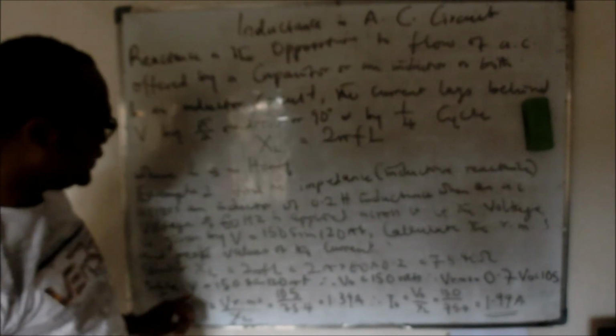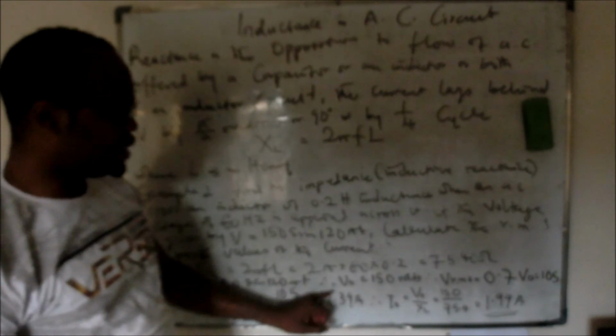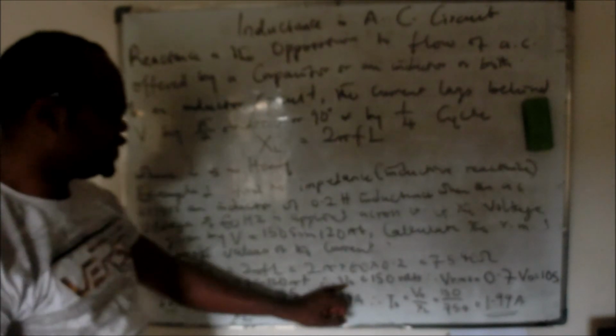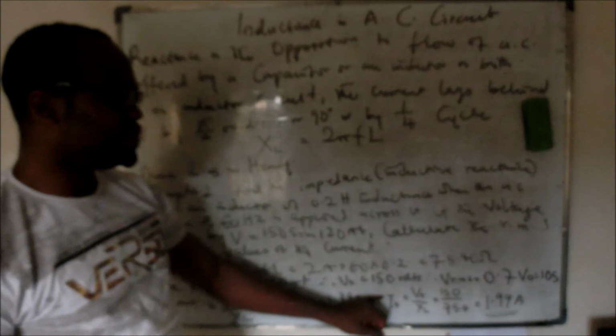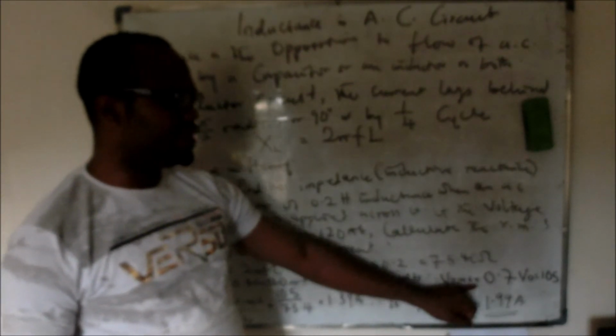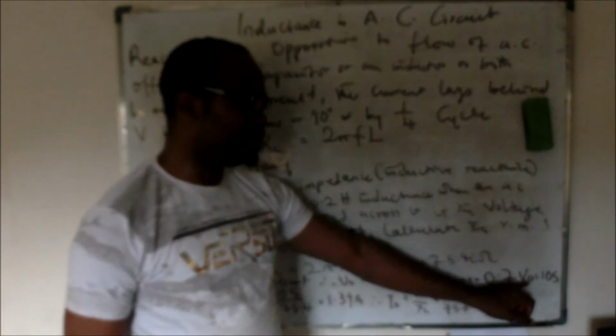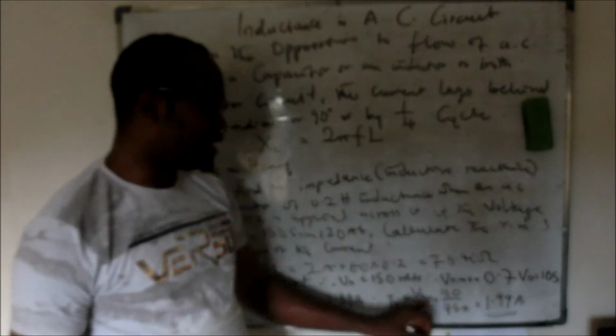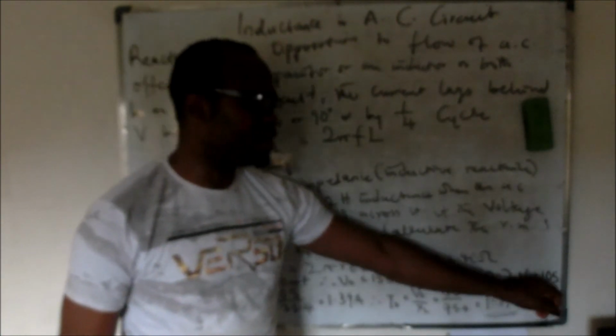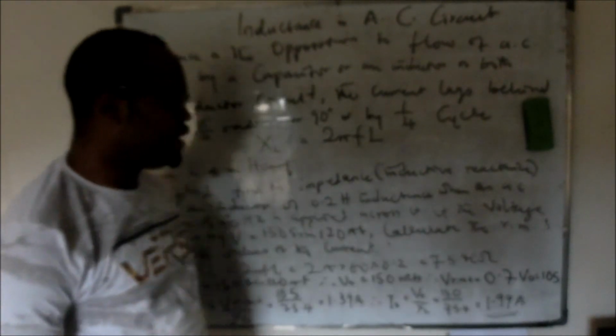Now, since V is equal to 150 sine 120 pi t, we can easily deduce that V0 is 150. And we know that the V root mean square is simply 0.7 times V0. That is 0.7 times 150 to give us 105.